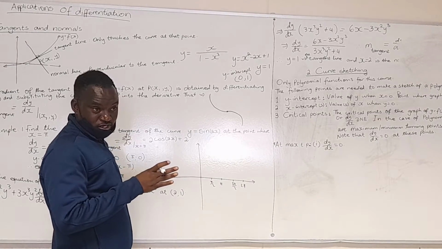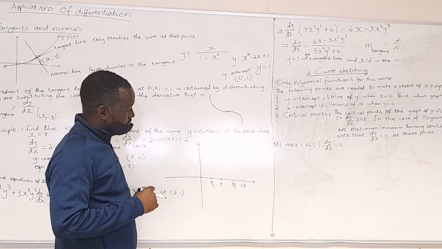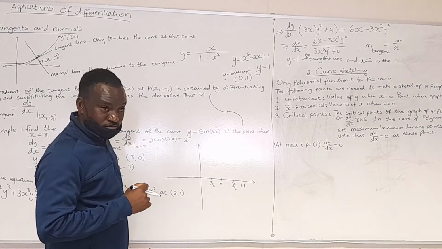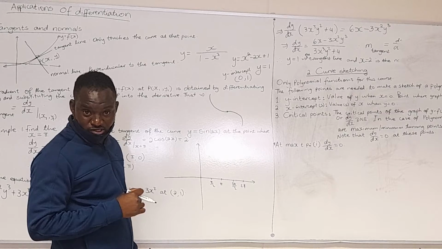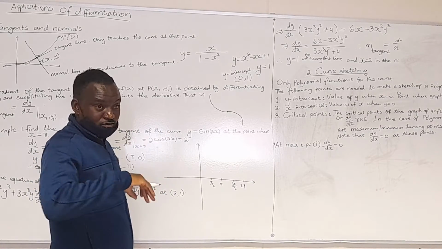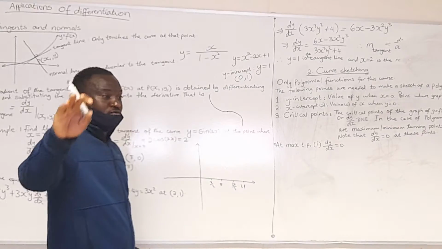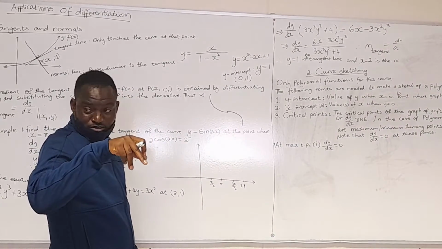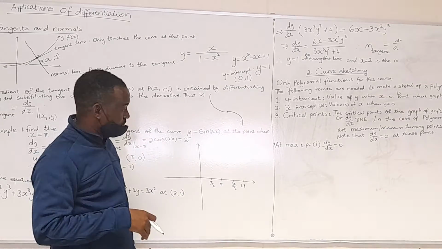It is the point where the graph changes its curving. So if it was concave, it becomes convex, or from convex to concave.